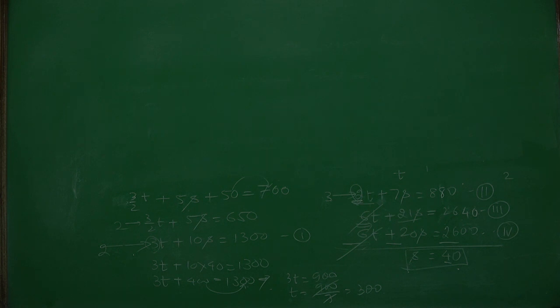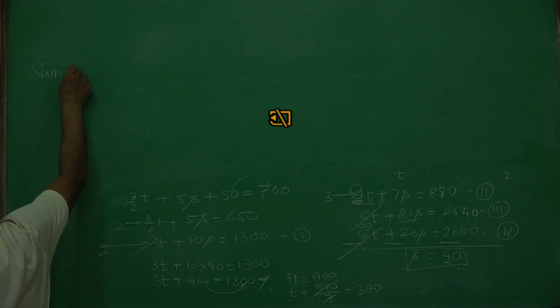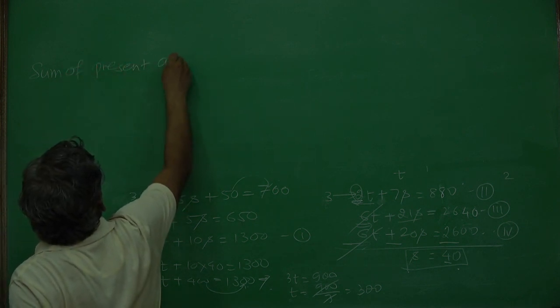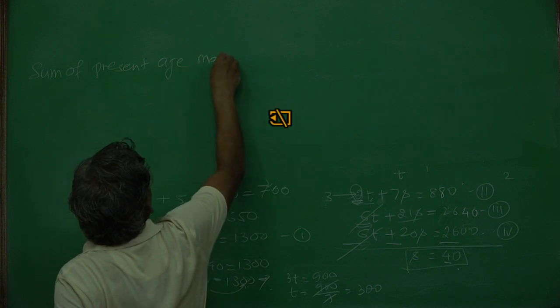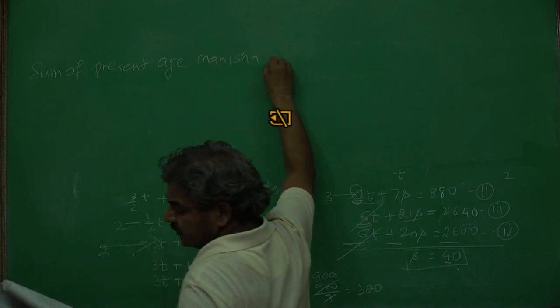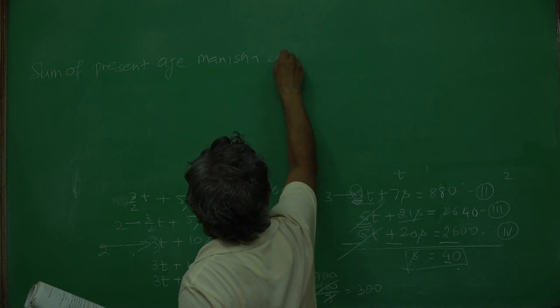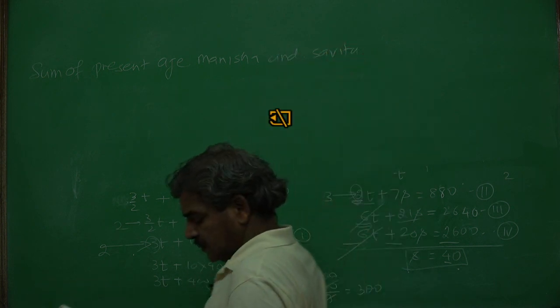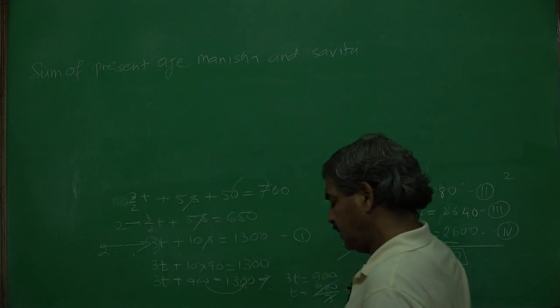The sum of the present ages of Manisha and Savita is 31.